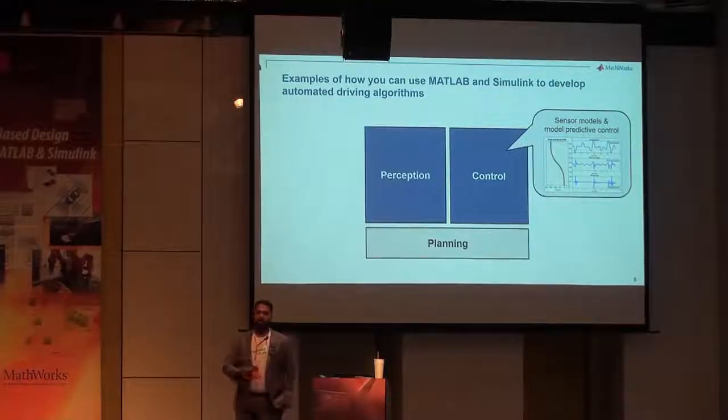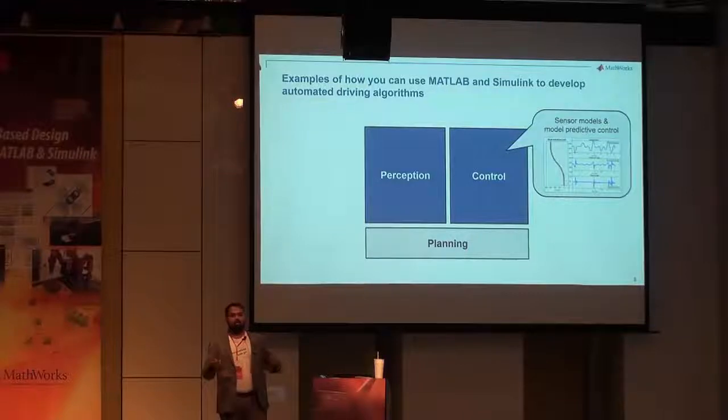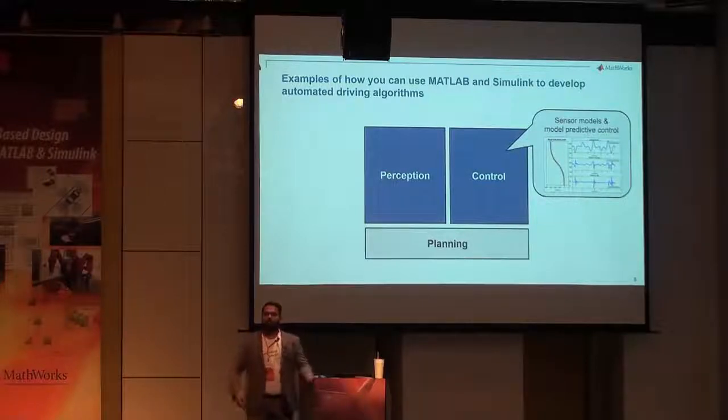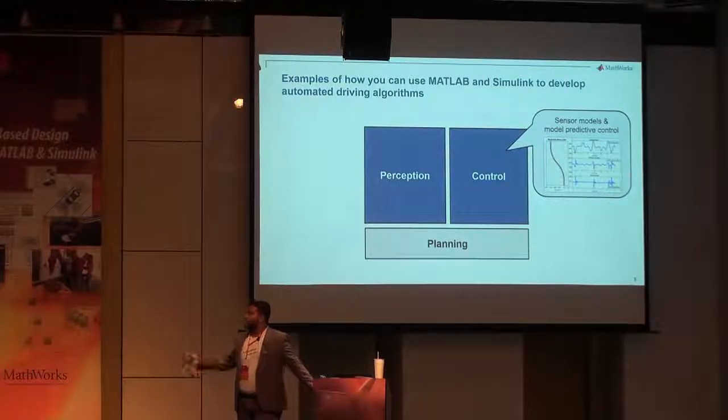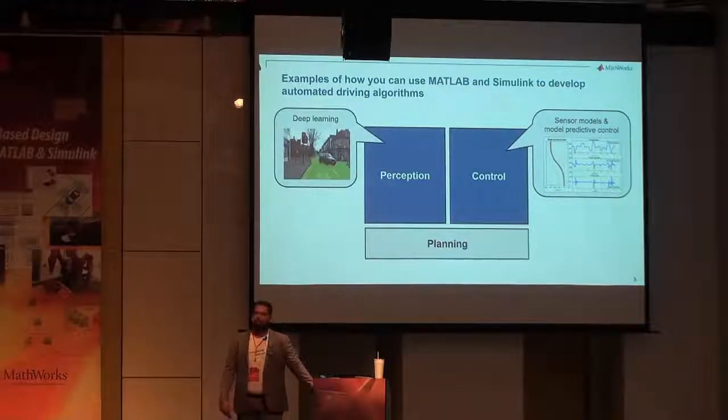Then you also have perception. Now today's theme is all about AI, artificial intelligence, which is really the key part of this scenario here for artificial intelligence, the perception side. So deep learning is of course a key factor in automated driving.